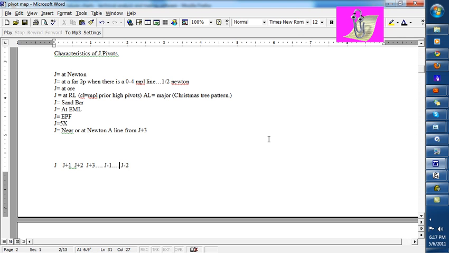What is J? J is from the middle letter in the word major, MAJOR with the J in the middle, so we're looking for major pivots. And of course, major pivots on a weekly chart are going to be different than on a daily chart, and differently on an hourly chart.